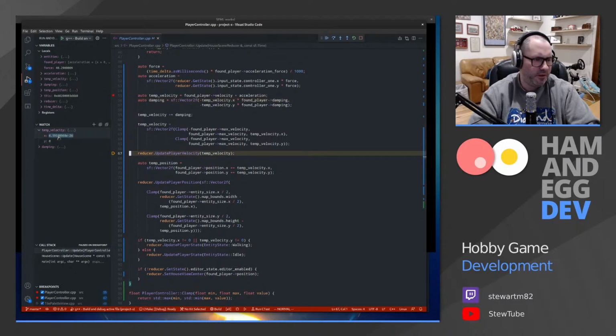So temp velocity at this point is 6.5, player velocity, okay, so that is right.